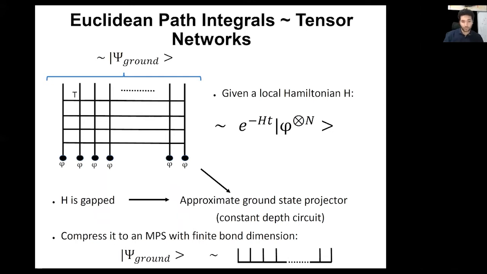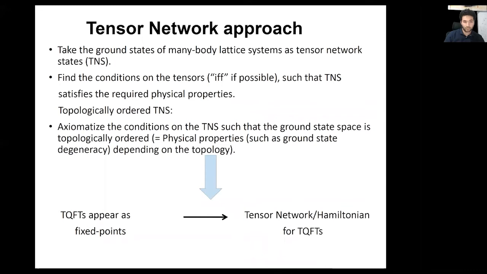You can also express Euclidean path integrals in terms of tensor networks, but let's skip this part. What we're going to do is express the ground states of many-body lattice systems as tensor network states.